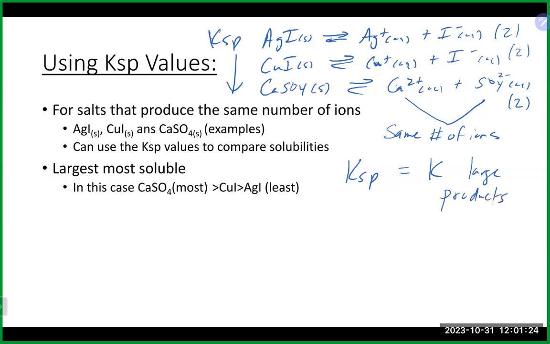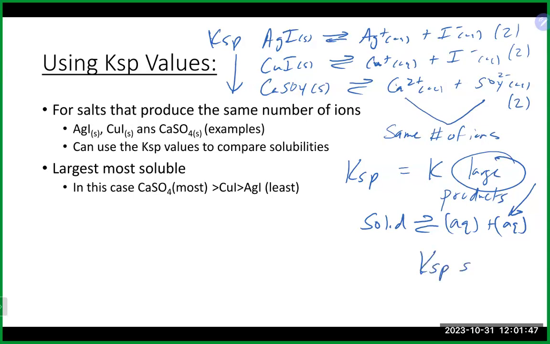And in the case of KSP, we always have solids on the left and aqueous ions on the right, which means the larger the KSP value, the more products, the more aqueous ions we would have, which means it is actually dissolving. It's not staying together, so it would be more soluble. The opposite is true if you had a smaller KSP value.